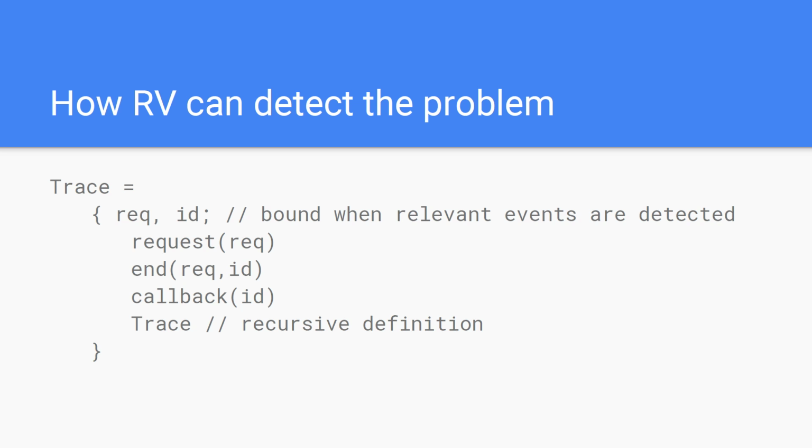Usually there are two different approaches for specifying properties in runtime verification: either by using formalisms like regular expressions or context-free grammars, or using some temporal logic. Our approach is more similar to formalisms like context-free grammars, but it's more expressive. For instance, it's possible to specify languages which are non-context-free.